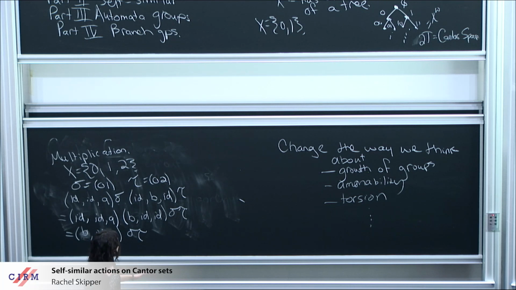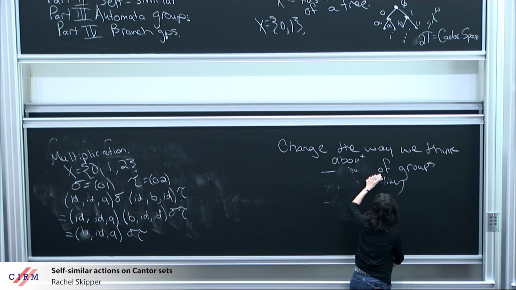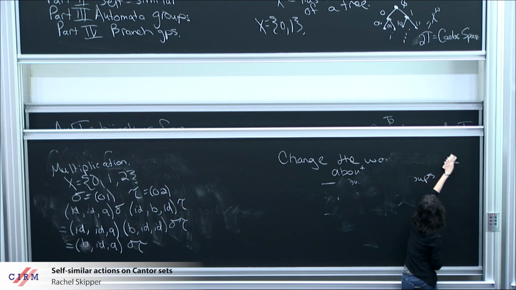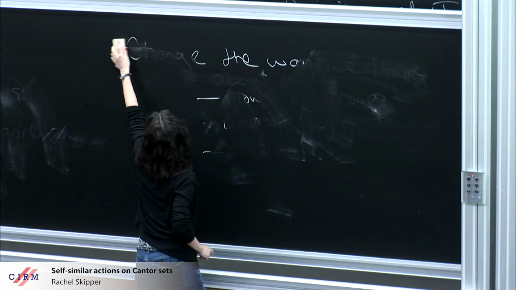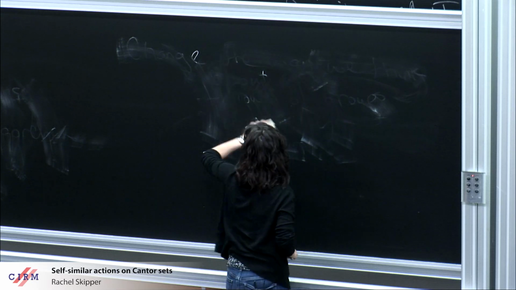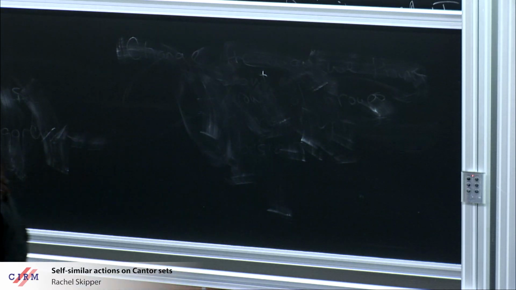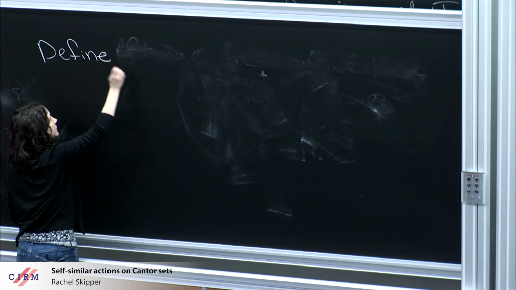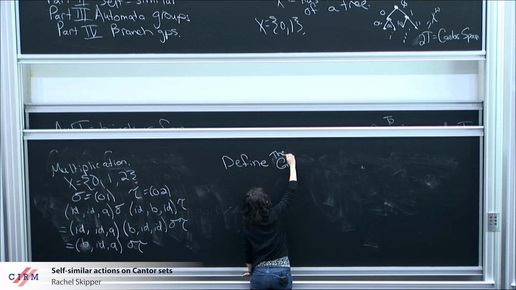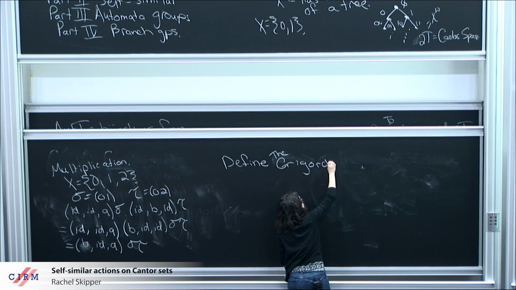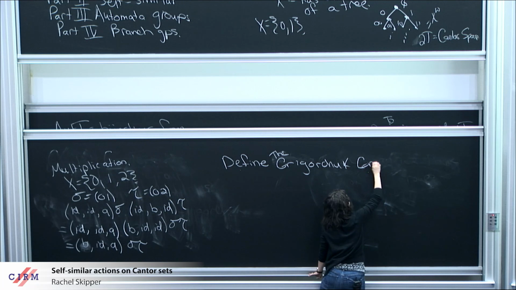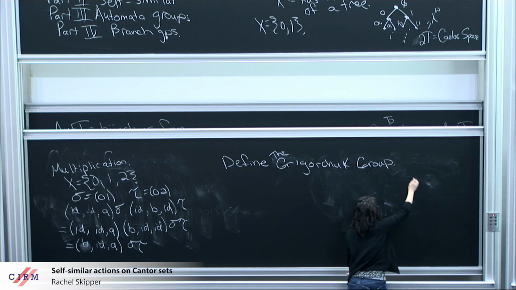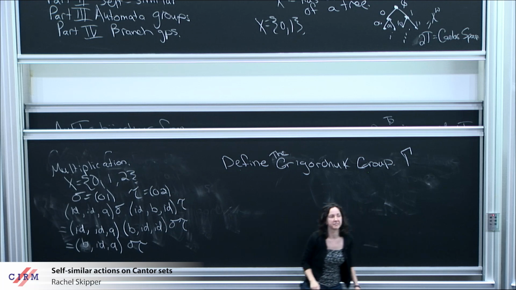All right, so now we have everything we need to define the Grigorchuk group, so let's do it. What we want to do now is define, and again, I'm going to reserve the notation gamma for this group.